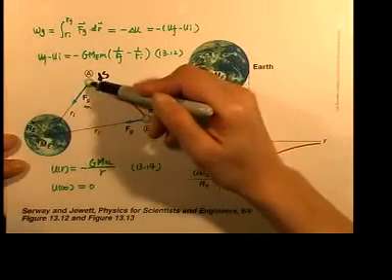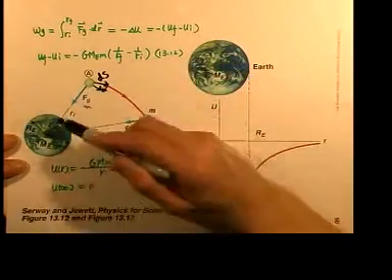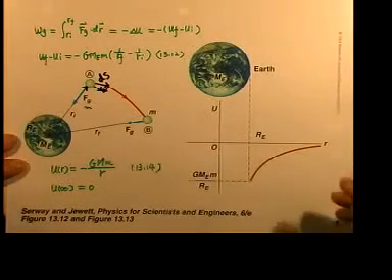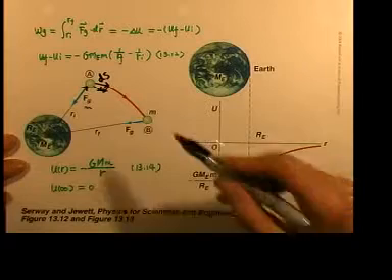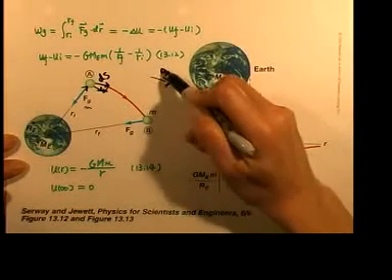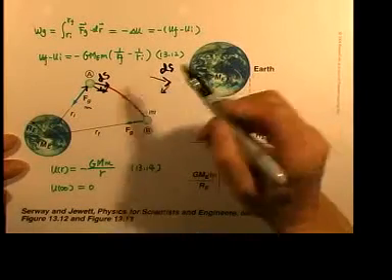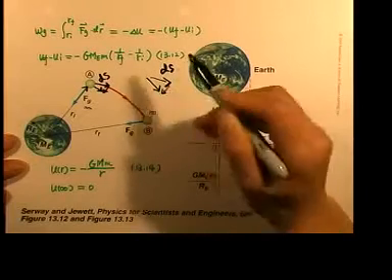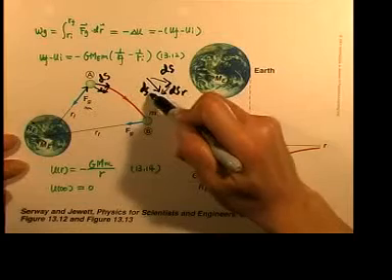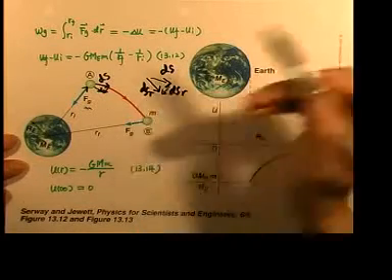Now, ds is tangential to the path, but this part is tangential to the radius of r initial. So any ds like that can be split into ds of radius and ds of tangential.